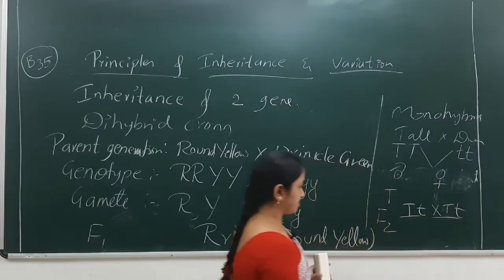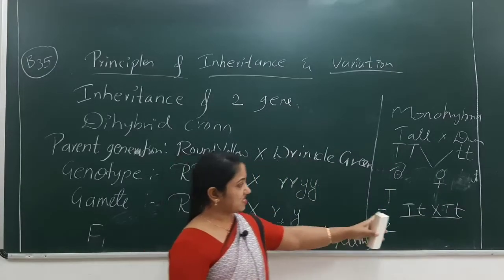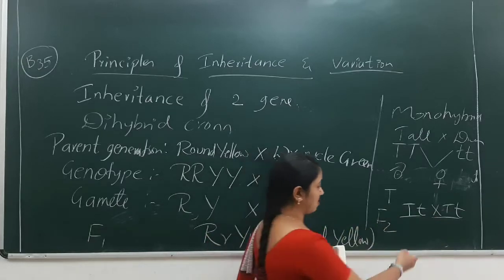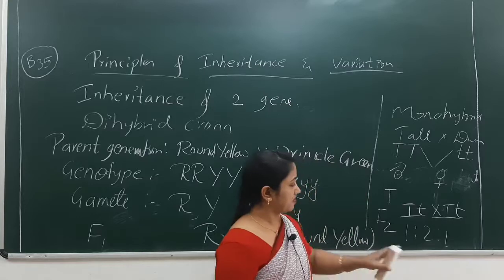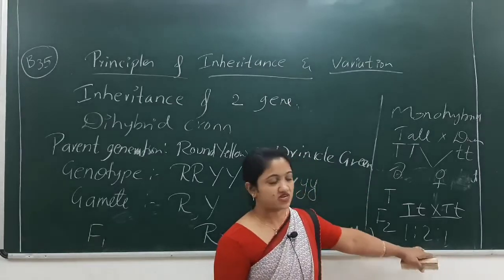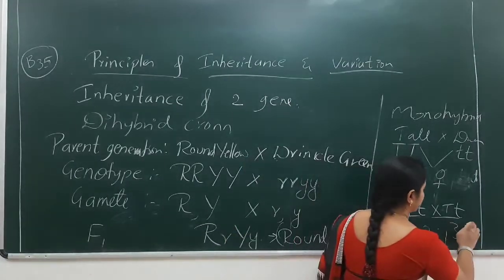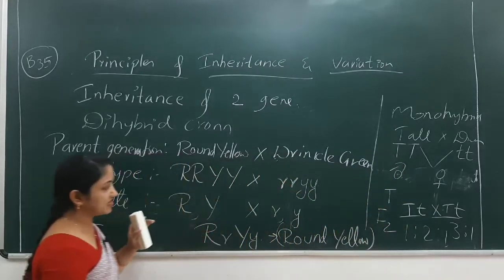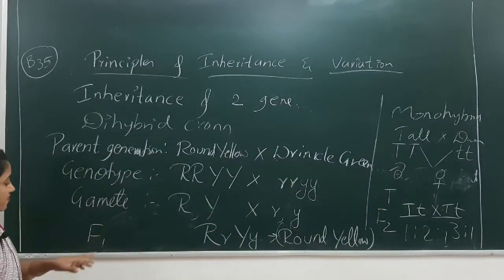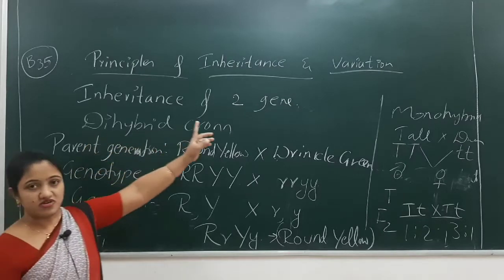Capital T small t, capital T small t. When we self pollinate, we got the genotypic ratio of 1:2:1, and the phenotypic ratio was 3:1. Okay, we will check the genotypic ratio and phenotypic ratio of the F2 generation of the dihybrid cross.